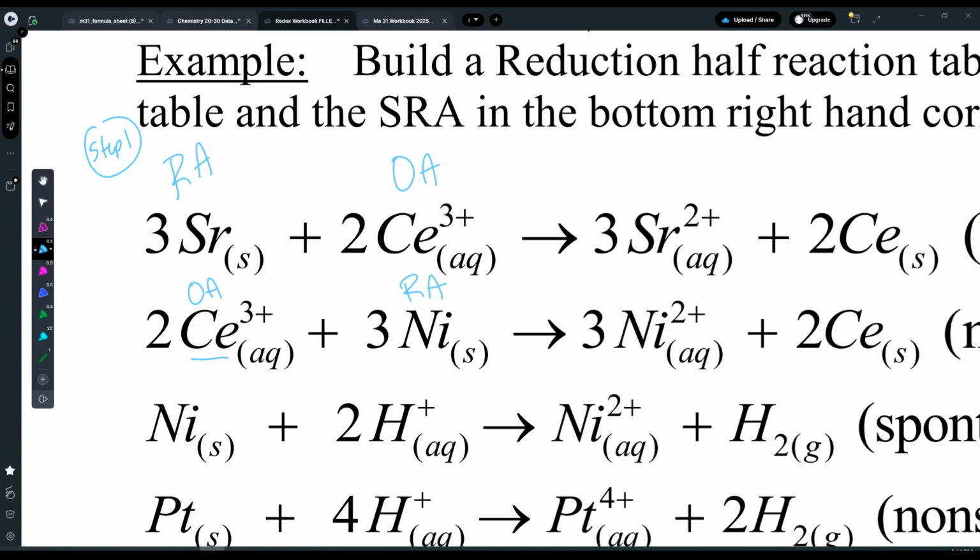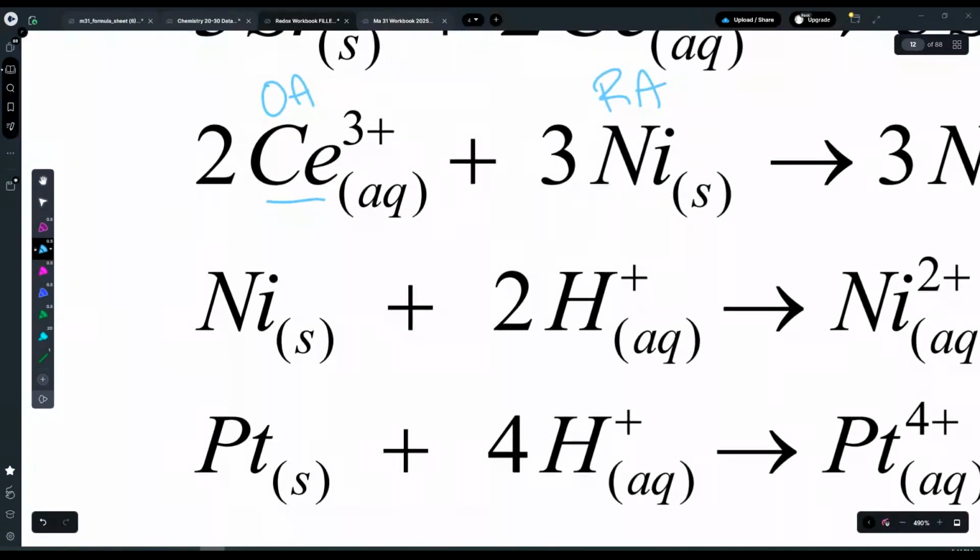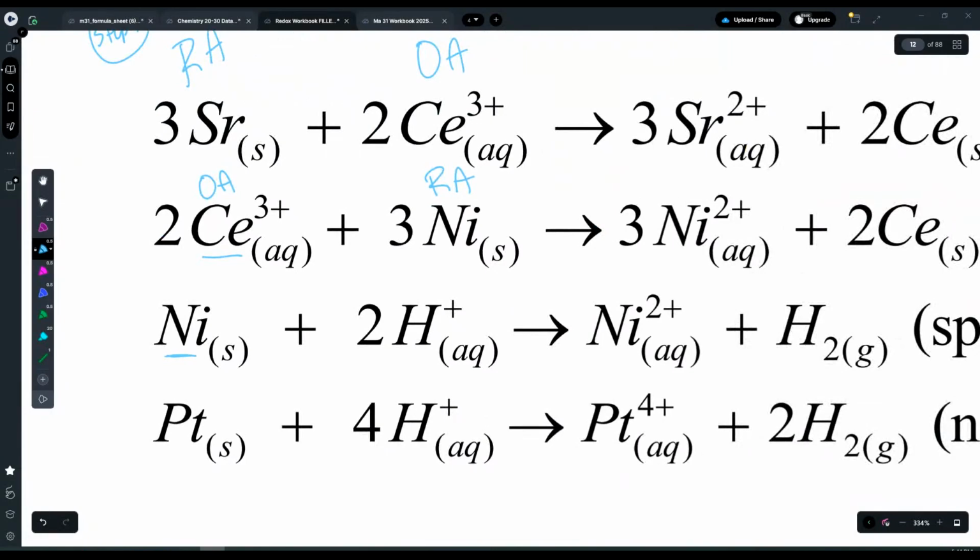So I'm just going to keep on going and figuring out what my OAs and RAs are just to finish this off. So I've got nickel, 0 charge, goes to a 2+ charge. So we're getting more positive. That means electrons are being lost. Losing electrons is oxidation, reducing agent.